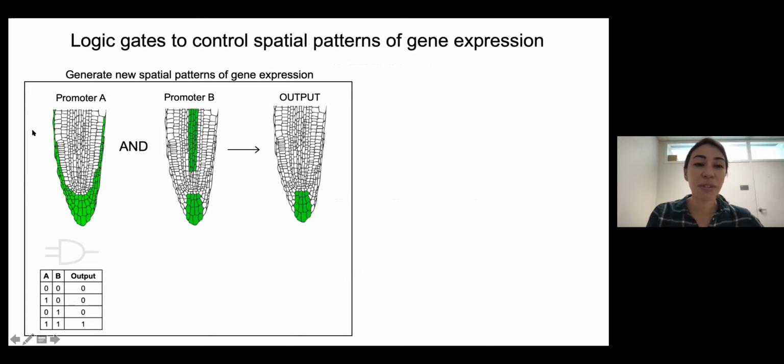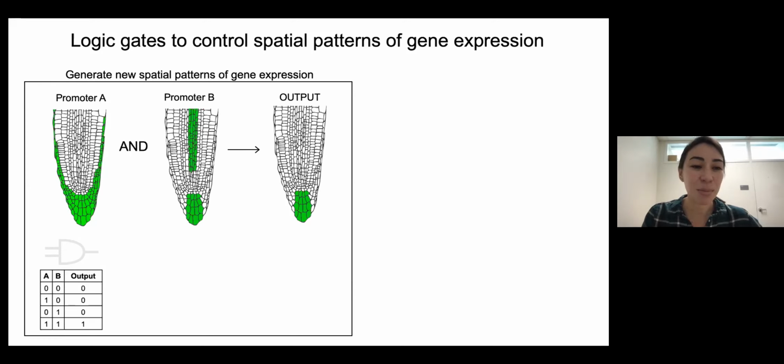So here we've got 2 promoters. Just to illustrate how this would work, there's promoter A, which has expression pattern in the root tip. This is a cartoon of a plant root tip, and the green is supposed to show you sort of pseudo-fluorescent protein expression.